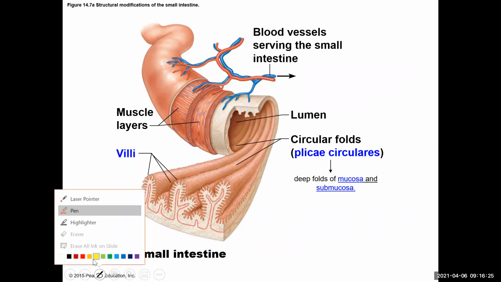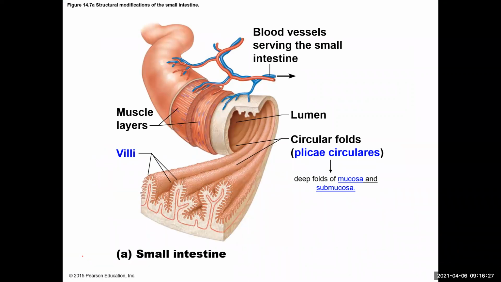We have three types of modifications in the mucosa of the small intestines. The mucosa of the small intestines is not as smooth as you can see over here. No, not at all. The mucosa is thrown into various folds. Look at this, various folds.